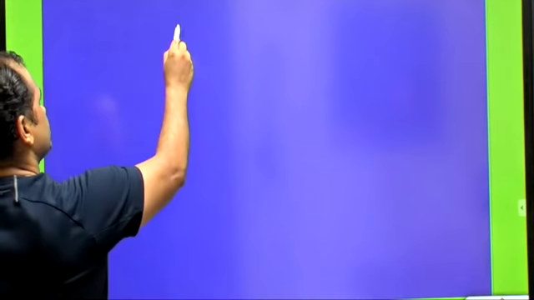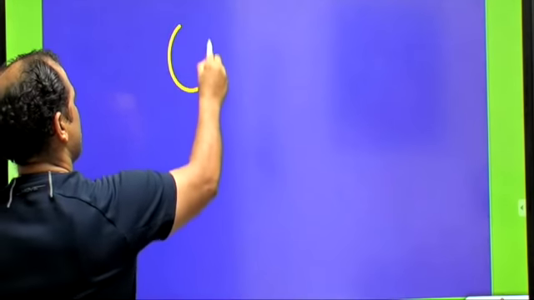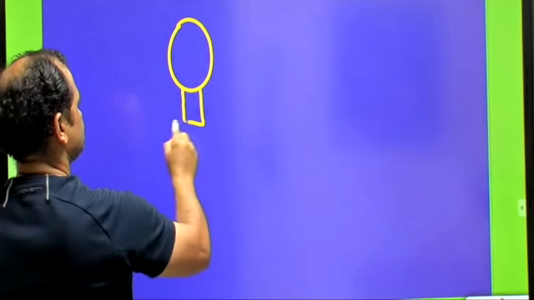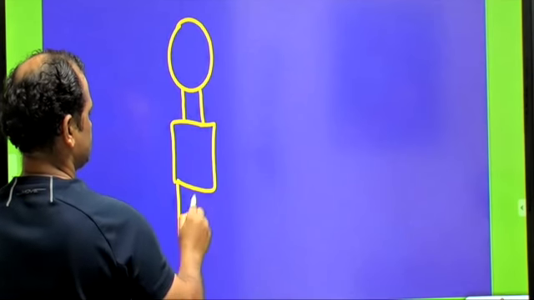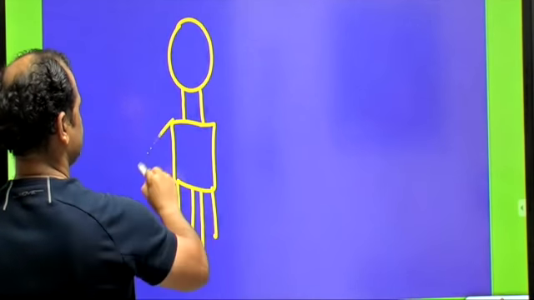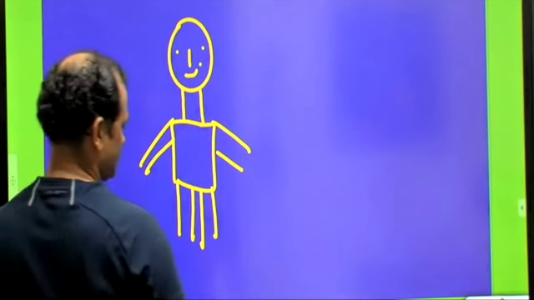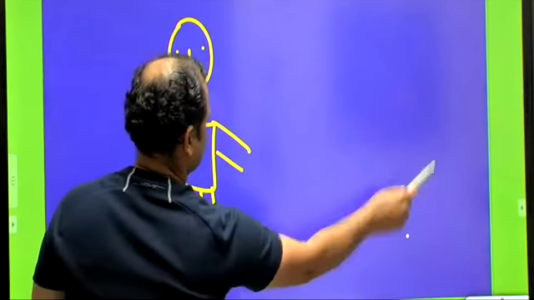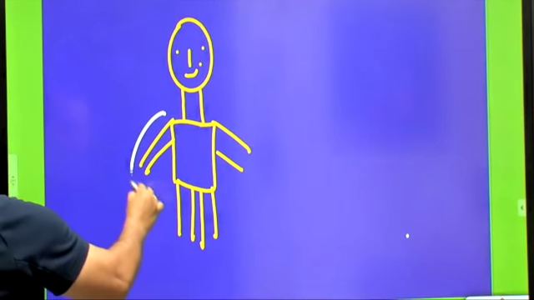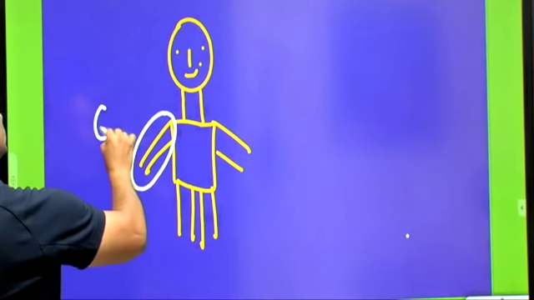So let's see. If this is the upper body, what I told you, the 6 meridians we have in the arms.